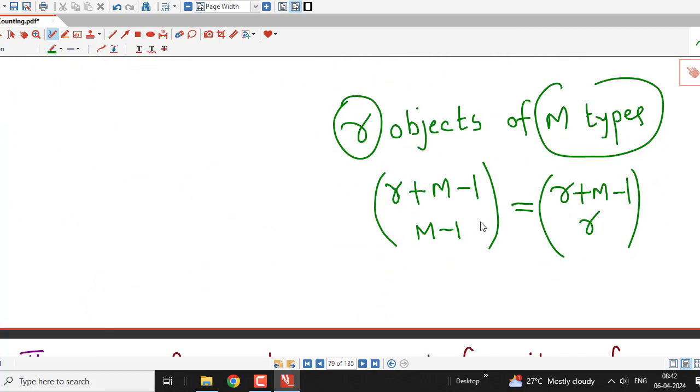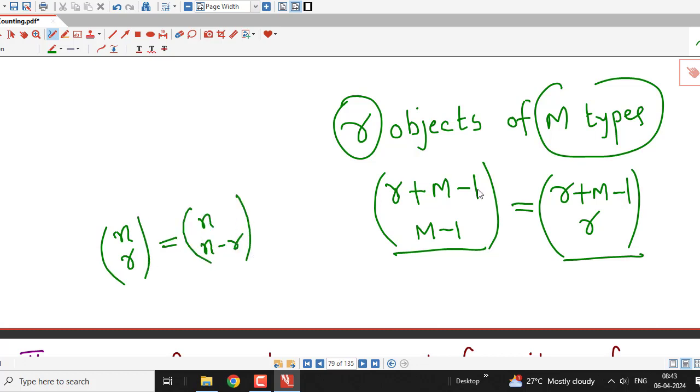Therefore, instead of (r+m-1)C(m-1), we can write (r+m-1)Cr also, and here we are using this property also. We know that nCr and nC(n-r) are equal. So if we subtract m-1 from this, we will have r. So (r+m-1)C(m-1) or (r+m-1)Cr.